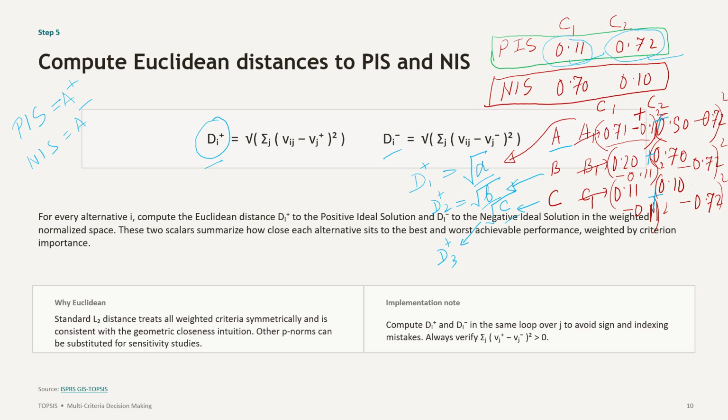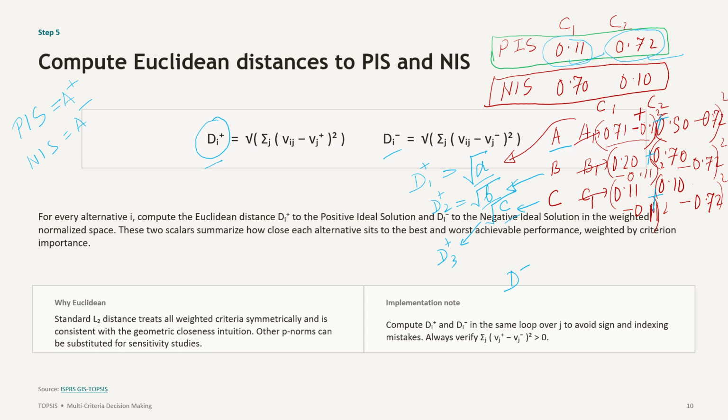Now similarly, to find the D minus, you will deduct the NIS from each of the alternatives. NIS for C1 from each of the values of alternatives for C1, and NIS of C2 from each of the values of alternatives for C2. Whatever the value of alternatives is for C1, the NIS for C1 will be deducted from there and squared.